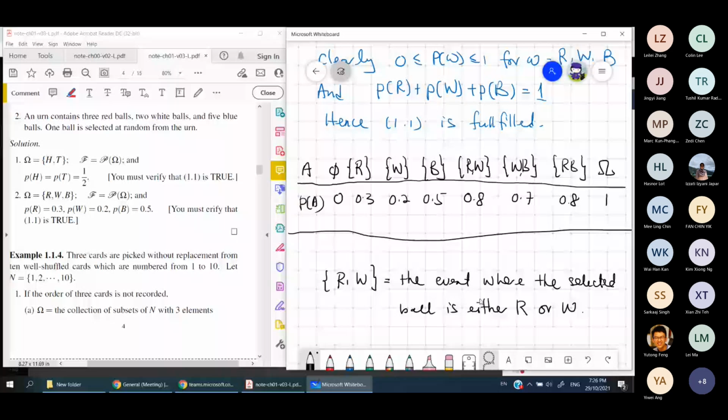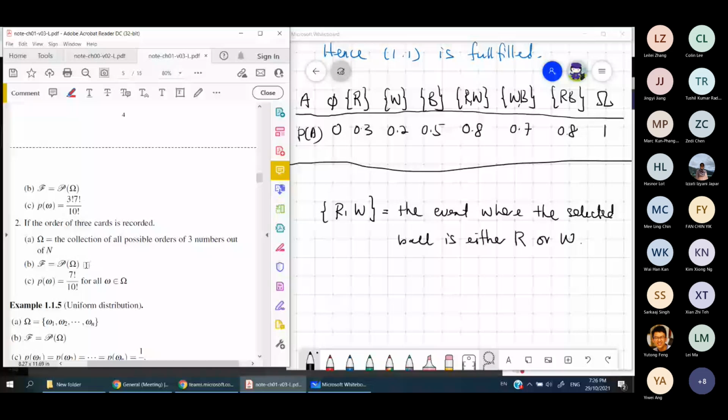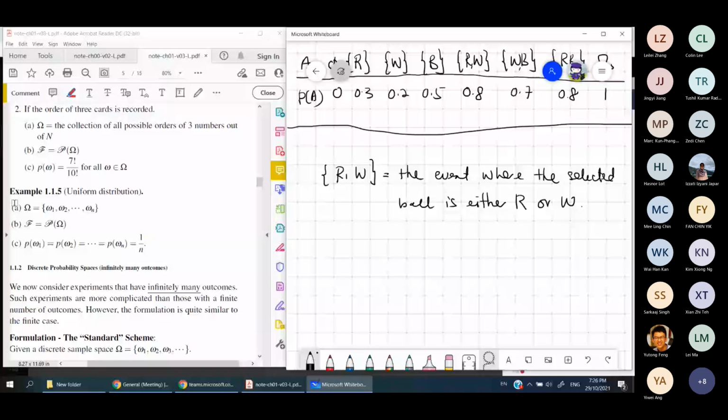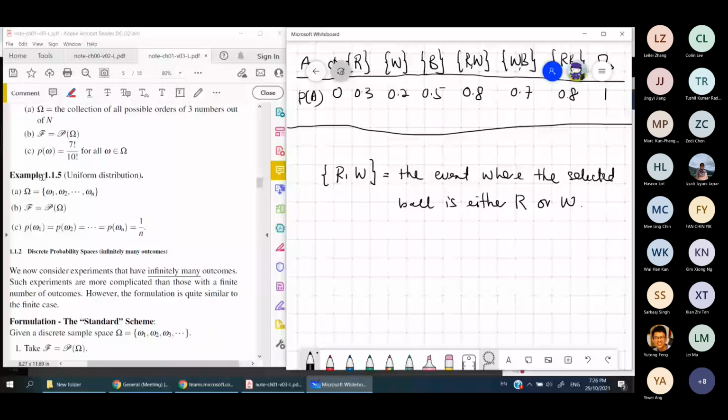Actually, in general, we can follow this standard method, just look at this example 1.1.5. In general, for a finite sample space, we can always follow this standard scheme. Let's say our Omega has n outcomes, omega 1 up to omega n.